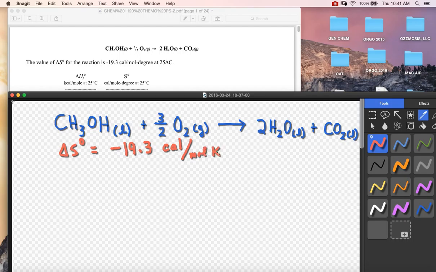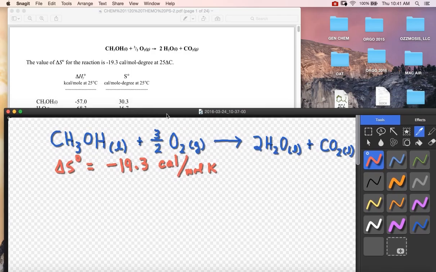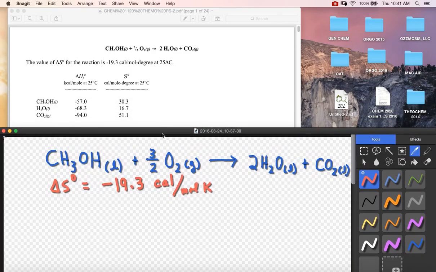Because this is in calories, this is a fairly old question. Really, in the current state of chemistry, we use joules rather than calories. But all of our data is going to be given to us in either calories or kcals.